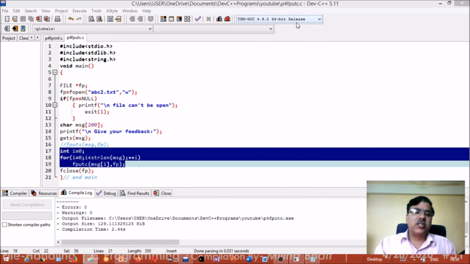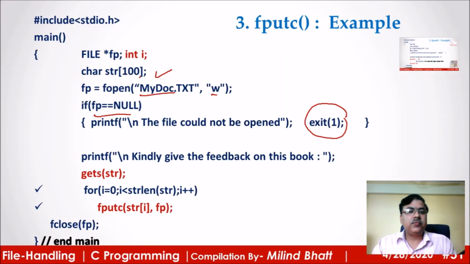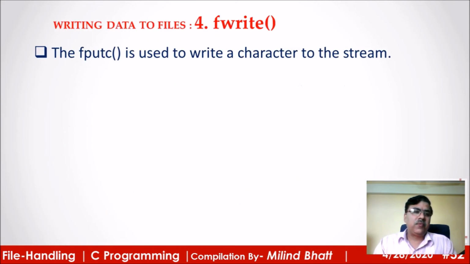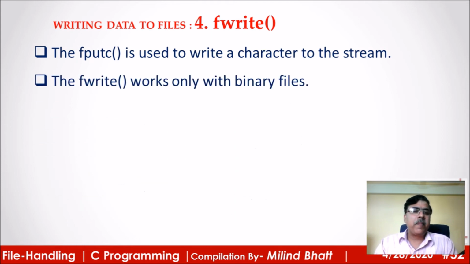Now coming back to the slide for our last function, fwrite. The fputc function is used to write a character to the stream. fwrite works only with binary files. That is a difference. fputc writes character by character to the stream. fwrite also writes, but in terms of binary files.